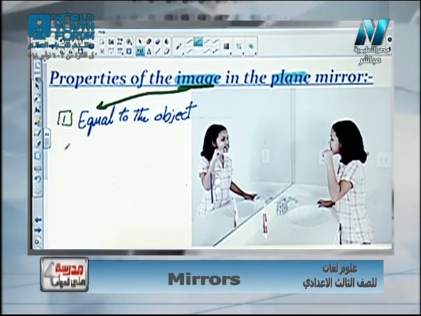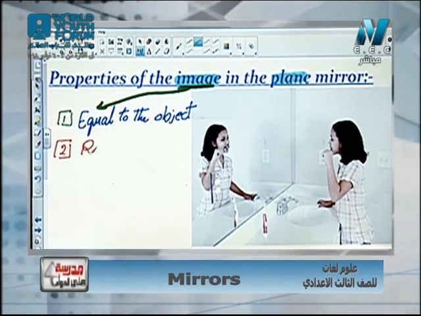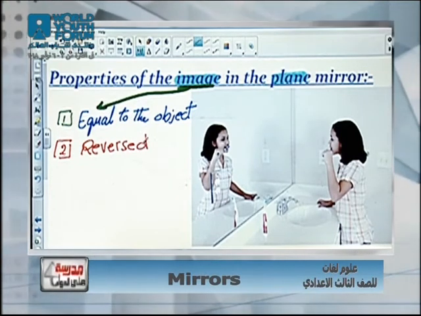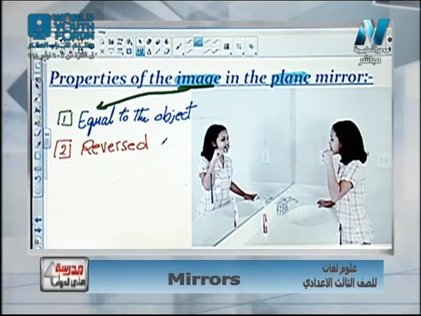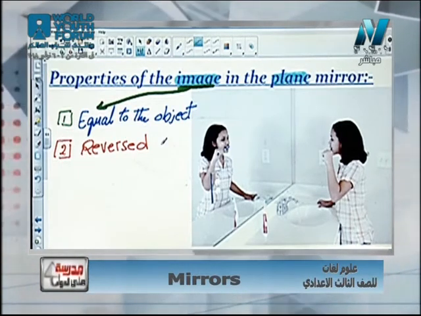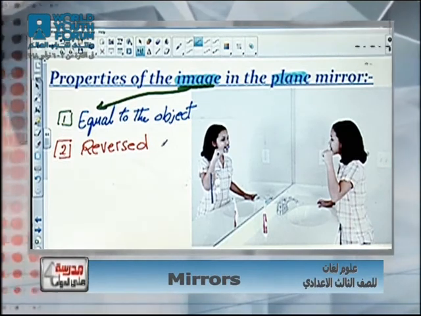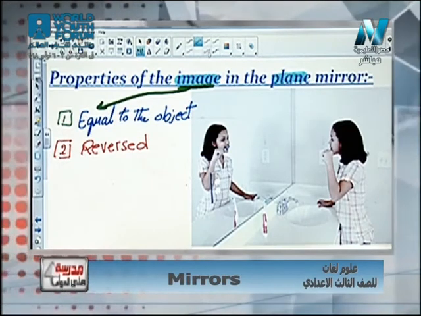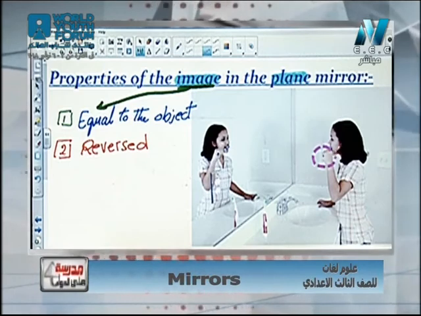Number two, the image is reversed. Reversed or laterally inverted. خلي بالنا كلمة inverted as inverted only, which means upside down. We say laterally inverted or reversed, يعني معكوسة. As we see here, this on the mirror, this left hand here.